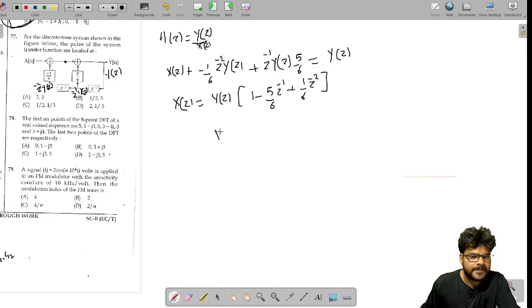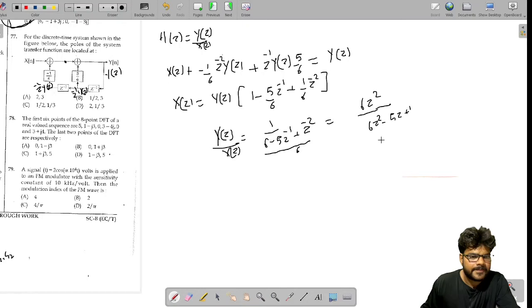Okay, so from this we write Y of z by X of z, this is going to be 1 by, this is 6 minus 5 z inverse plus z minus 2 by 6. If we multiply z square in numerator and denominator, we will find 6z square by 6z square minus 5z plus 1. Okay, so let's factorize this one.